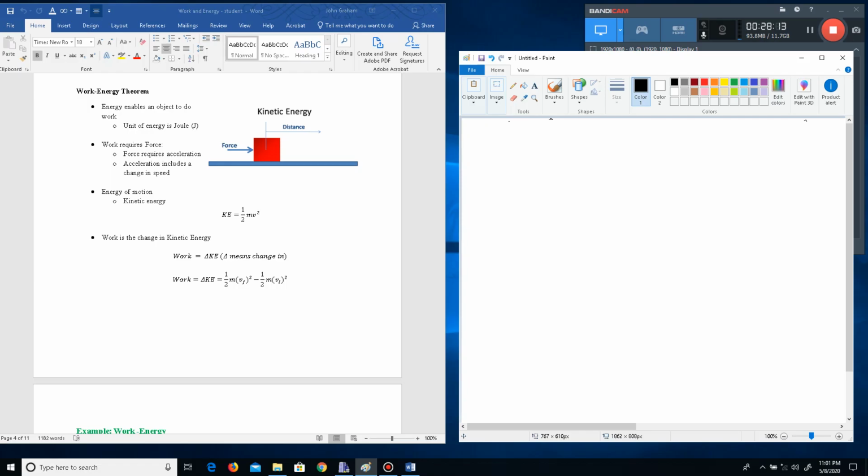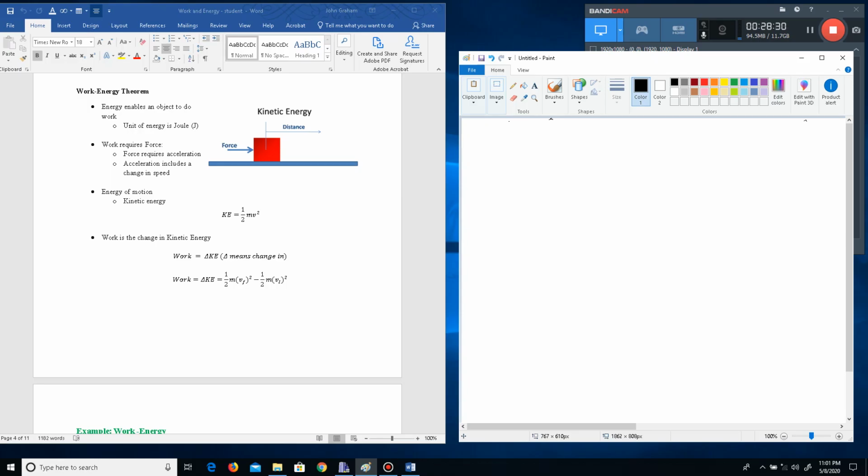Right, and so we have what's called the energy of motion, which we'll see as kinetic energy. Right, and this kinetic energy is going to be based on the speed. Okay, and think of kinetic energy as going directly with the speed.